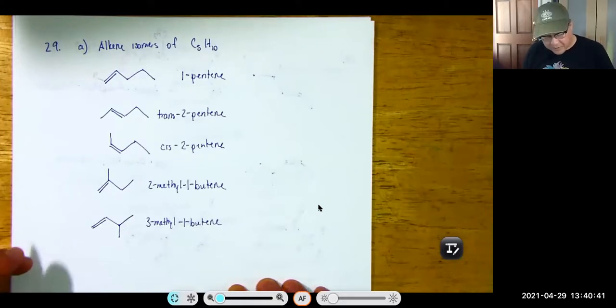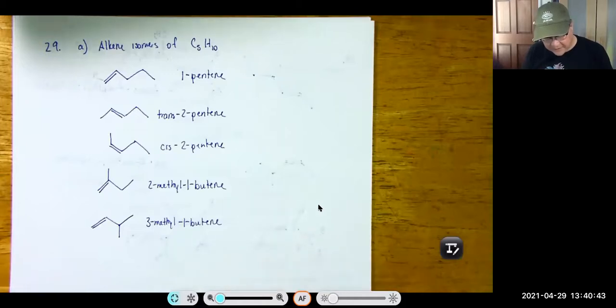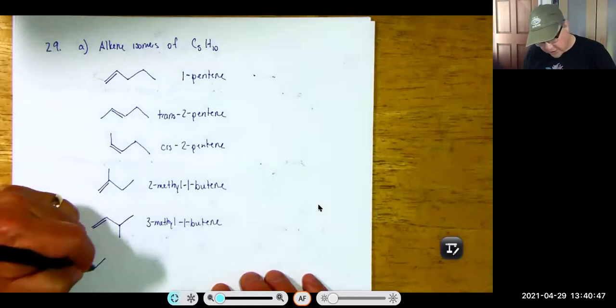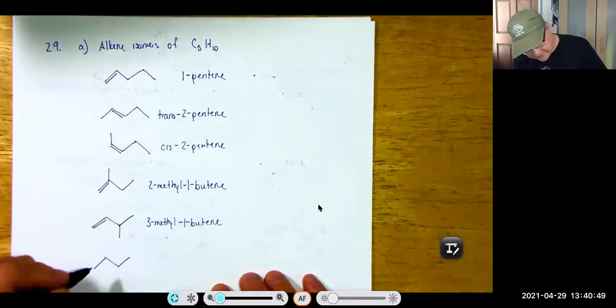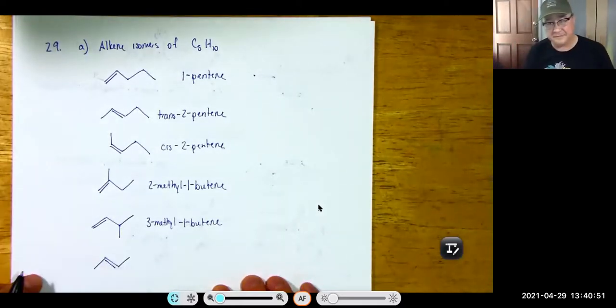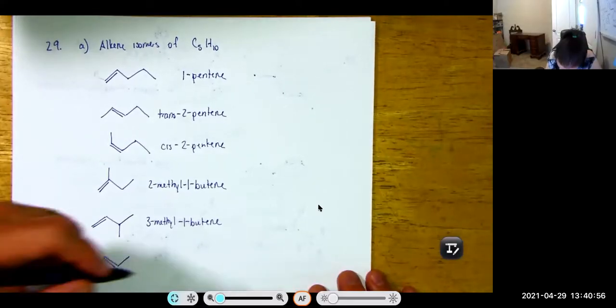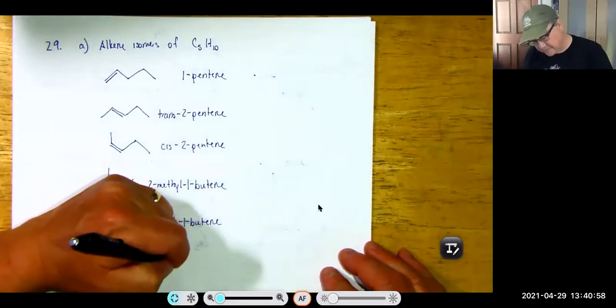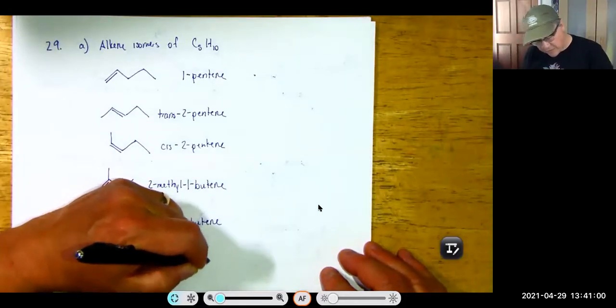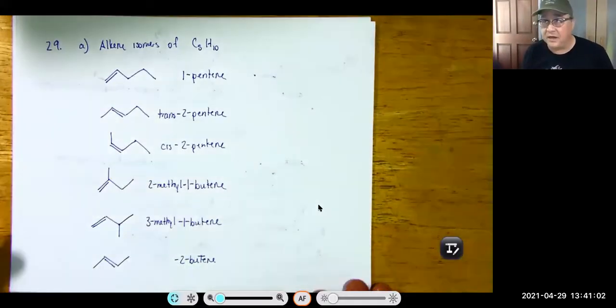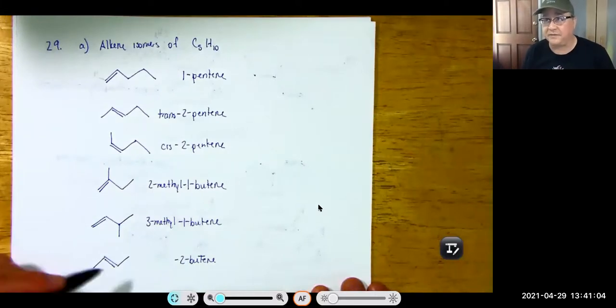Now, does the double bond have to be from carbon 1 to carbon 2? Could I do this instead? Okay, that's going to be a 2-butene, right? Now, where am I going to put that other carbon that I have to put on here?